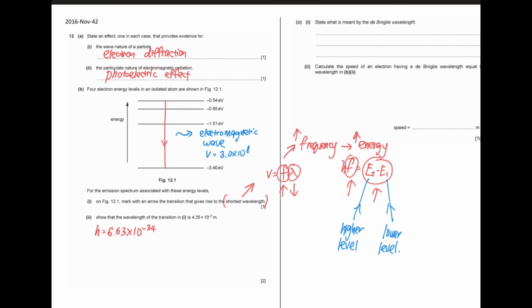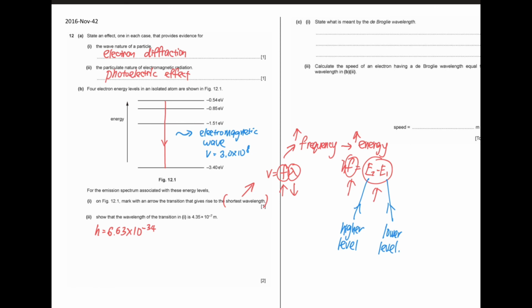Now we look at B. For electrons, energy levels in an isolated atom are shown in figure 12.1. For the emission spectrum associated with this energy level, on figure 12.1, mark with an arrow the transition that gives rise to the shortest wavelength.